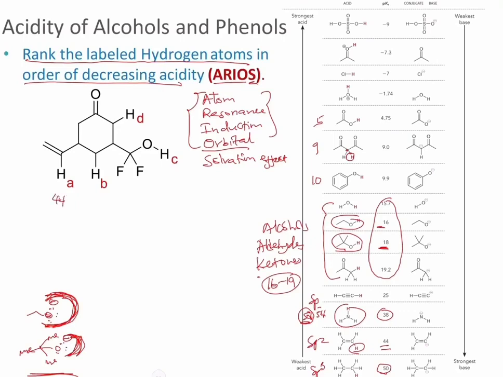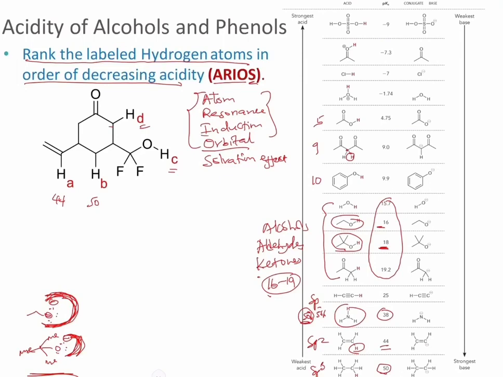This is sp3, the pKa is 50. And here, an alcohol, the pKa is between 16 to 19. But there's also here this compound which is a ketone, where we say the pKa is also between 16 and 19. So between C and D, we need something else to help us tell the difference.